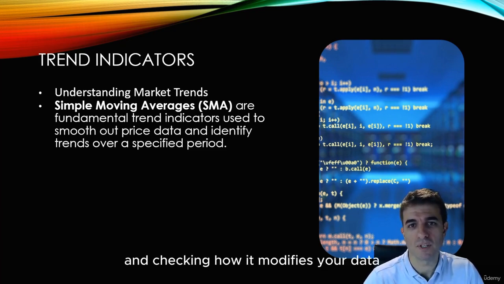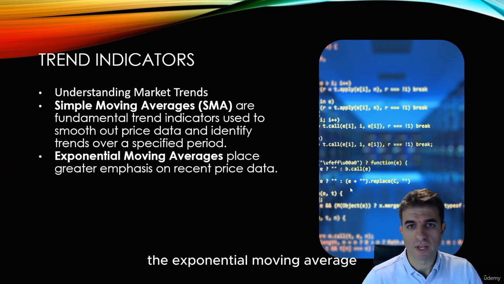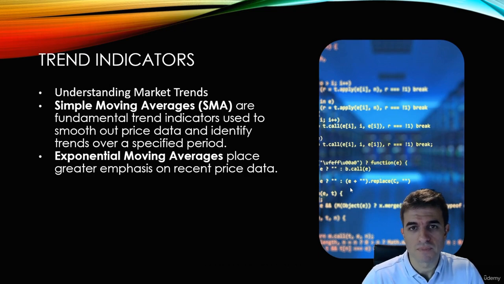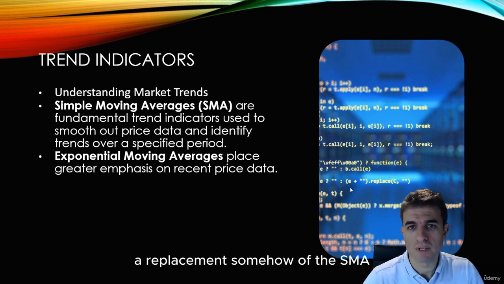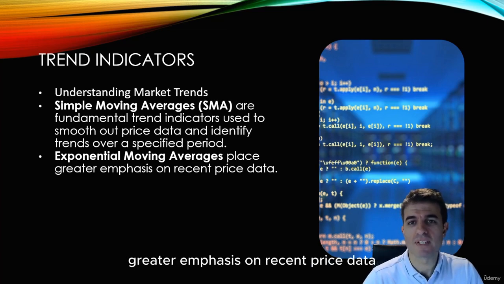The second example is the exponential moving average, which is somehow a replacement or a different version of the SMA. Exponential moving averages usually place greater emphasis on recent price data.